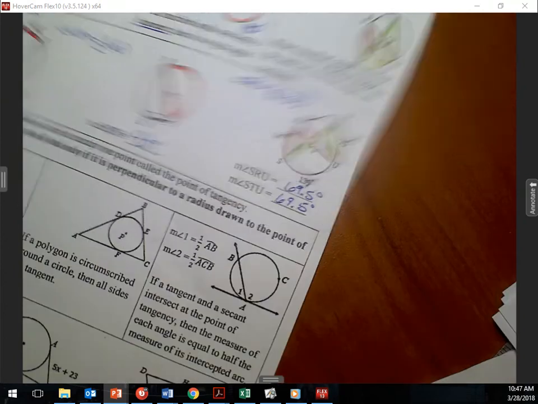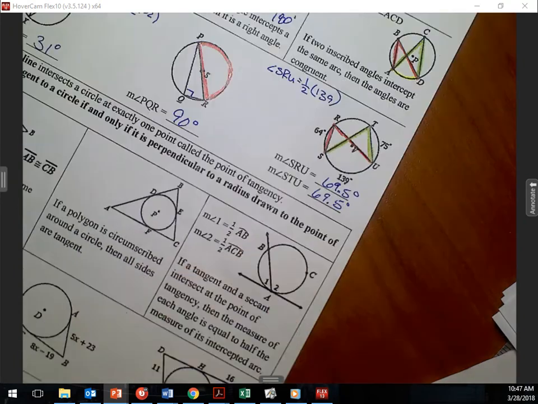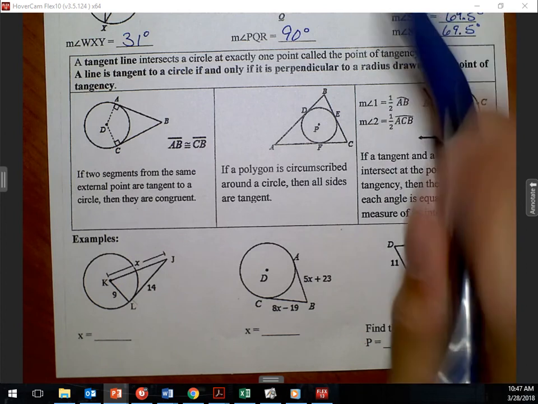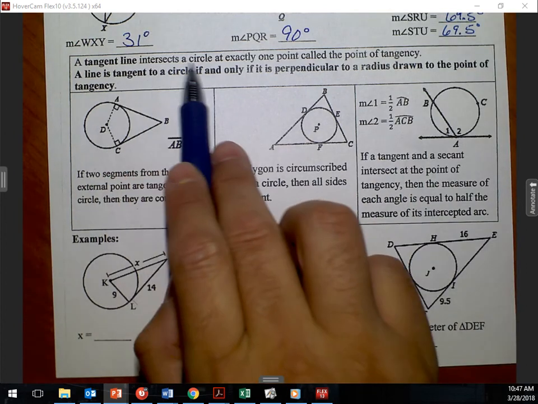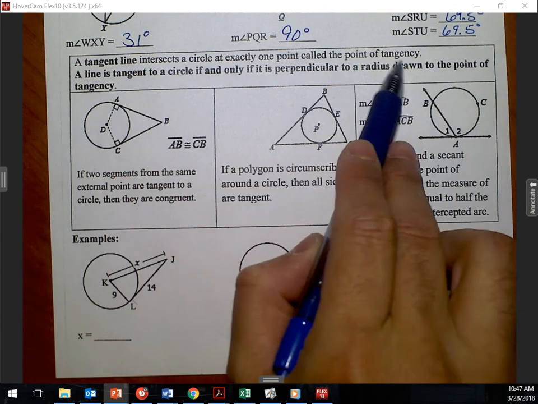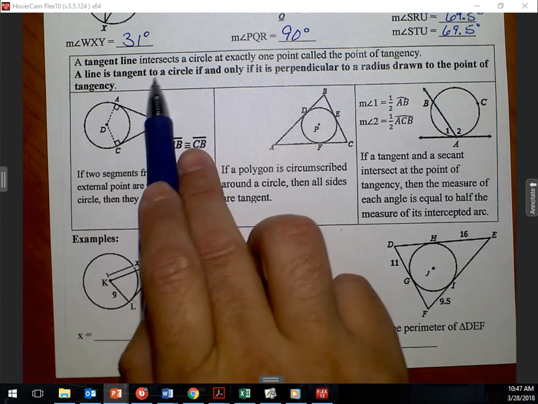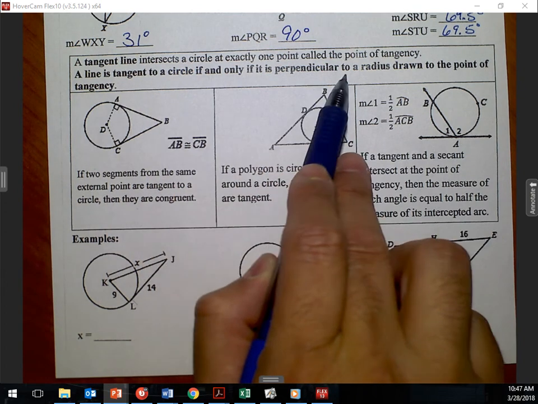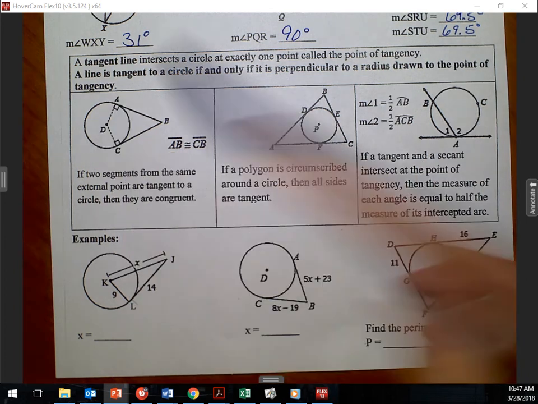So now for this next one, sorry, trying to make some room on my desk, it's kind of a mess. A tangent line intersects a circle at exactly one point, called a point of tangency. A line is tangent to a circle if and only if it is perpendicular to the radius drawn at the point of tangency.